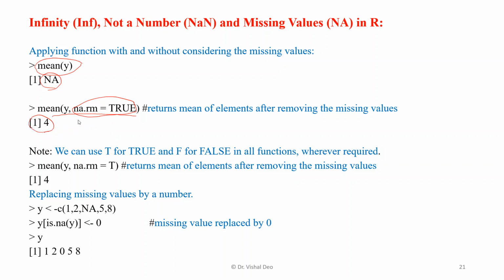Sometimes people forget that there can be missing values in a vector because the data is generally huge. So we have to be careful, check whether there are missing values, and alter our commands accordingly. We can write TRUE in full, or simply use capital T. So na.rm is a very important argument for such functions.